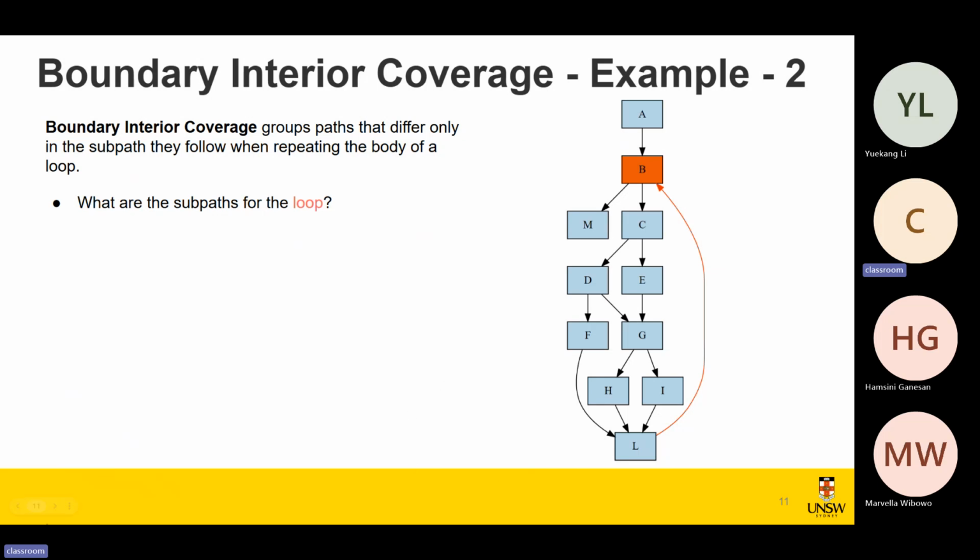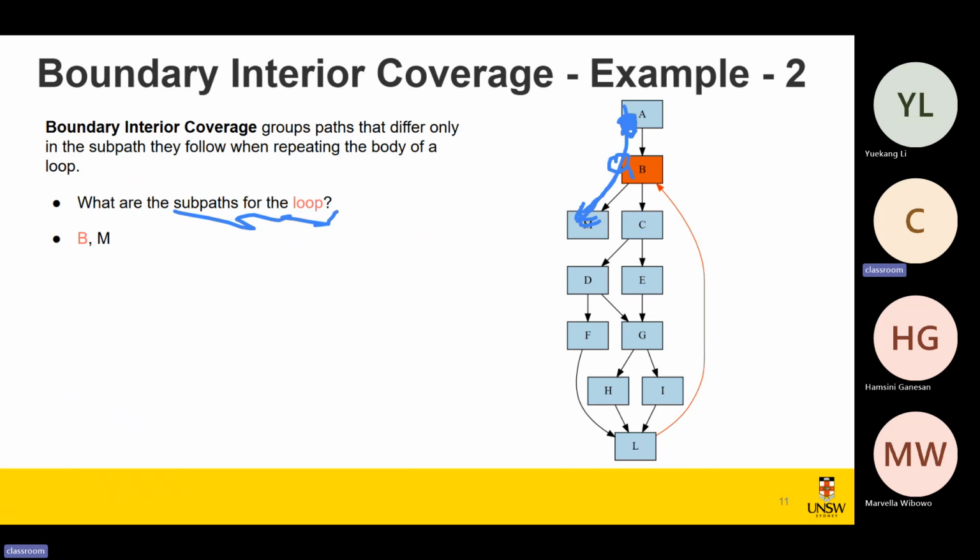So let's try to do it together here. The first one is ABM, right? Because we only need to care about the subpath of the loop, we don't care about A here. So we just start from B and we get BM as the first subpath.